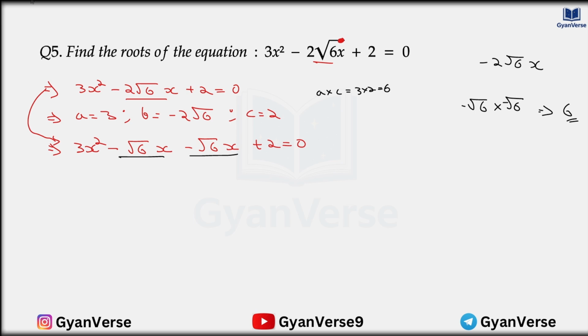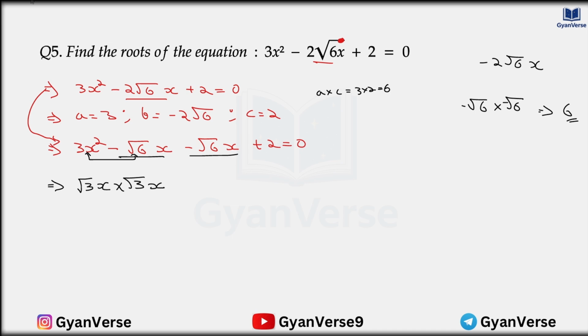So what I have done here is I've split minus 2 root 6x in the form of minus root 6x and minus root 6x. Now you have to take common from these two terms. So what you can do here is you can write root 3x into root 3x.